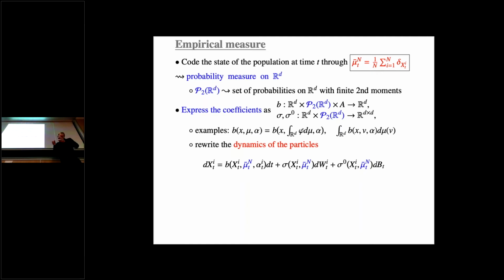So this is not exactly a phi of mu, but this would be a function of the mean and the second order moment. So this is typically the variance, or the mean state of the population. So phi is the identity. So these are typical examples that you have. So you see the dependence on the state of the others through the action of a test function phi, which is fixed, onto the measure mu.